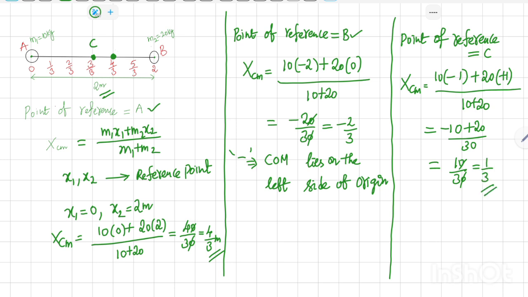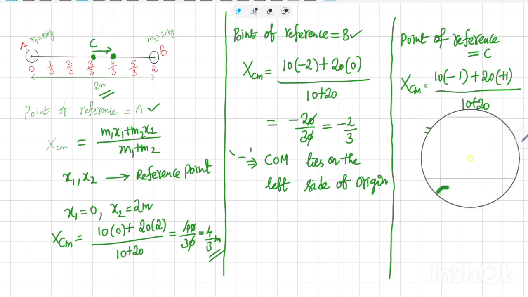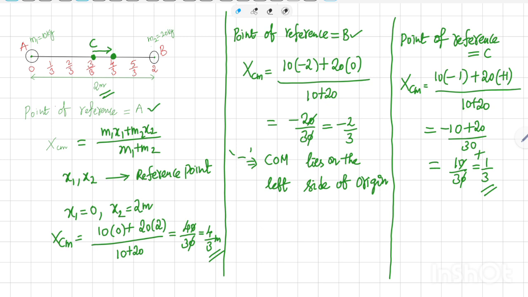So what does it indicate? It is plus 1 by 3. Plus means towards right from the reference point. So the reference point here now is C. If you take 1 by 3 distance from the reference point, you reach the same point. So from all these three different simple problems, what we can understand is that the center of mass position is not changed based on the selection of your point of reference or axis of reference.